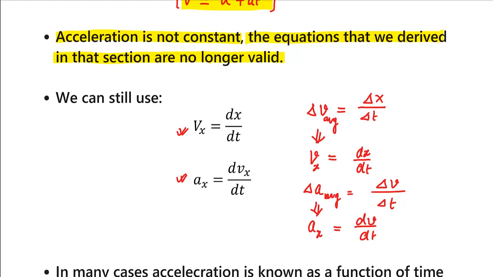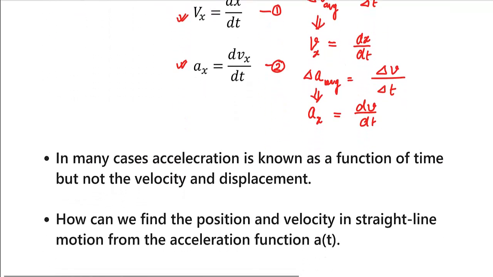So now we have these two expressions for one-dimensional motion: Vx is equals to dx by dt, and acceleration ax is equals to dvx by dt. Now if I know acceleration, how do we calculate velocity? In many cases, acceleration is known as a function of time, but not the velocity and the displacement.